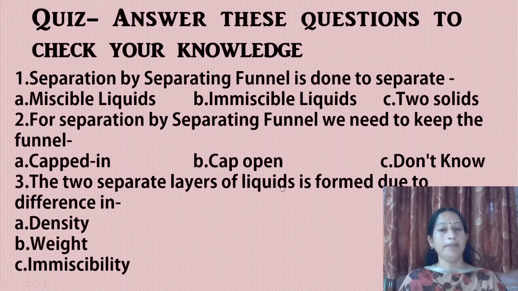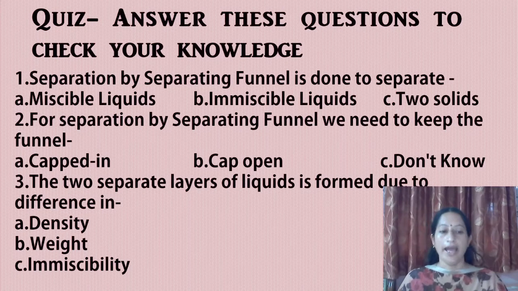Now, two separate layers of liquids are formed in the separating funnel, as you have seen. Why is it so? Is it because of density difference, or weight difference, or immiscibility? So think over the answer.